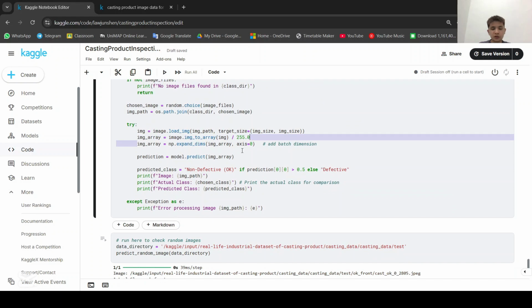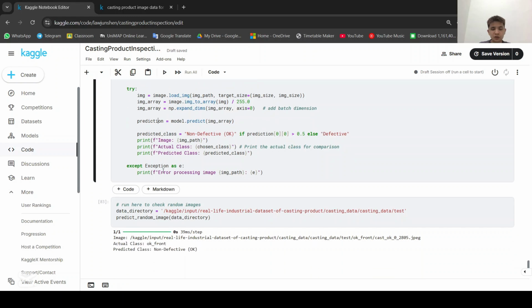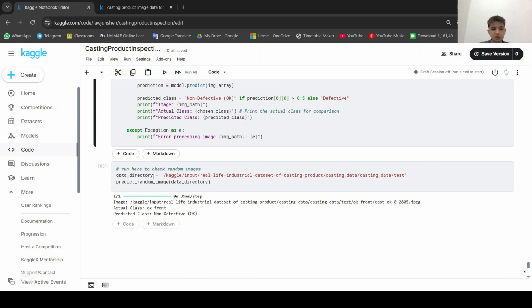After converting and rescaling the image pixels to normalize them, we predict the image. Here we will get what we predict. This is the main program to call the function, predict random image, and the data directory is the folder for the test set.